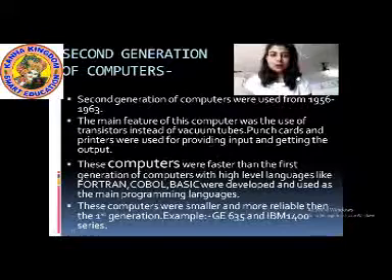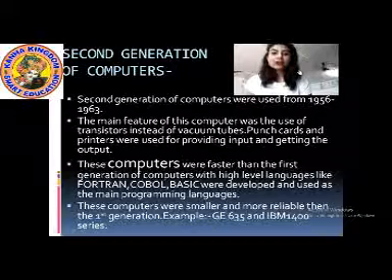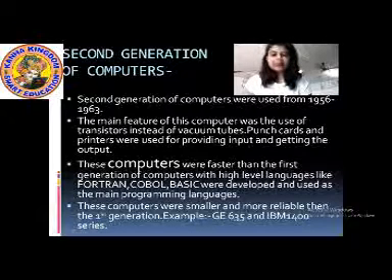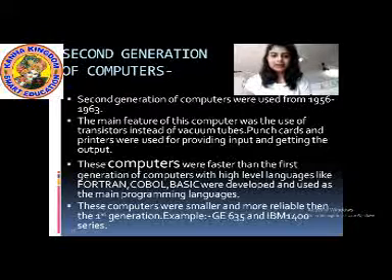So, what was the time period of this computer? These computers were used from 1956 and lasted up to 1963.